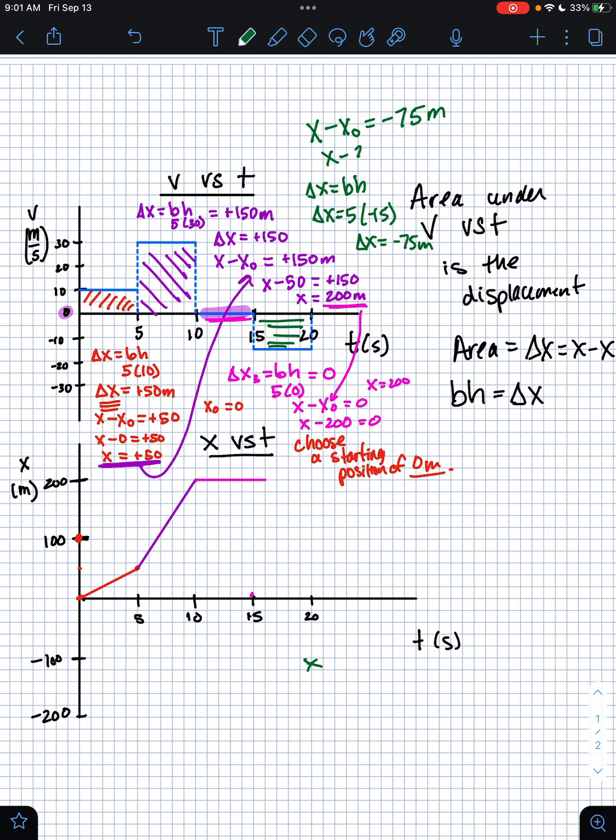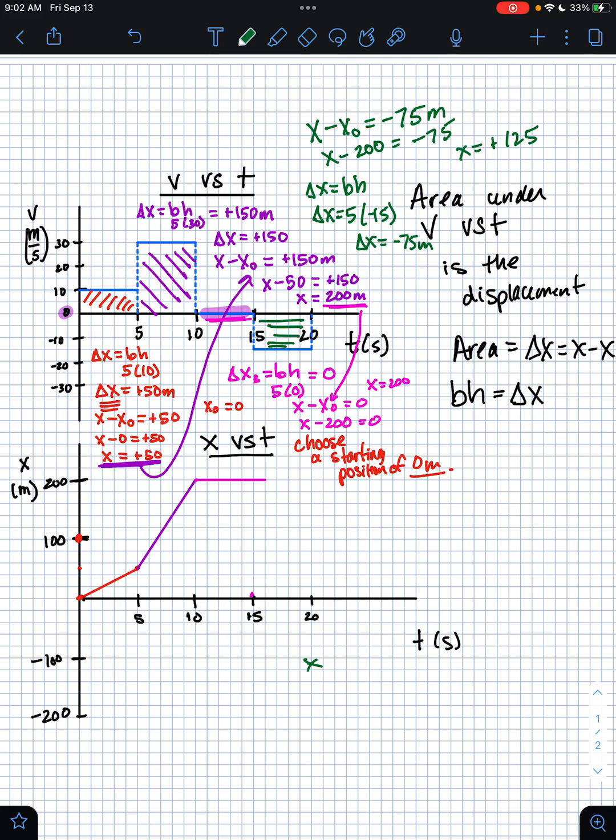I was at 200 meters last time. And so now I'm going to try to figure out x minus 200 has to equal negative 75. So if I take negative 75 and I add 200, I get positive 125. My final position has to be positive 125.